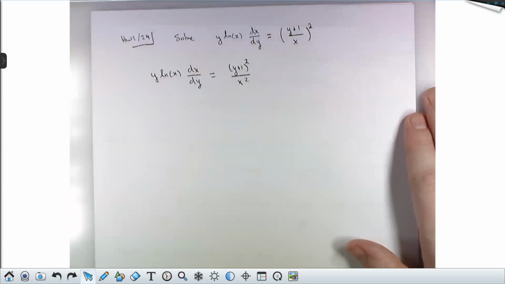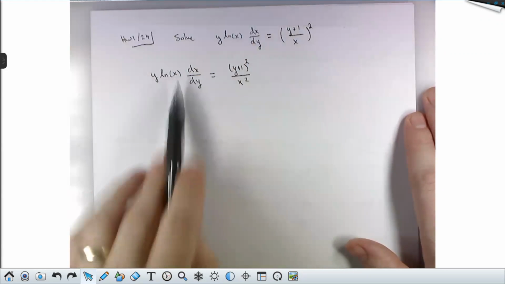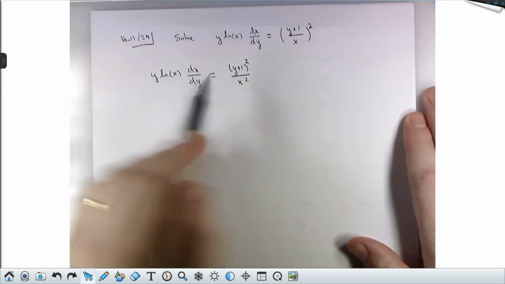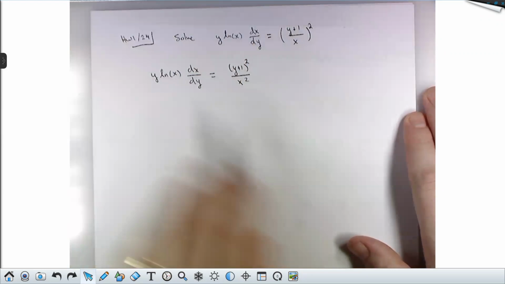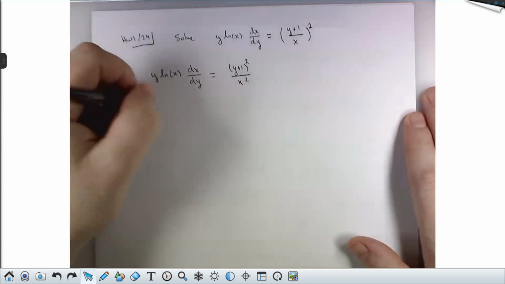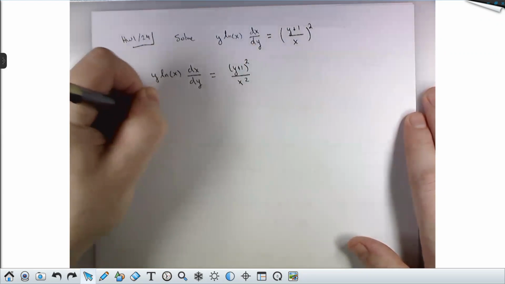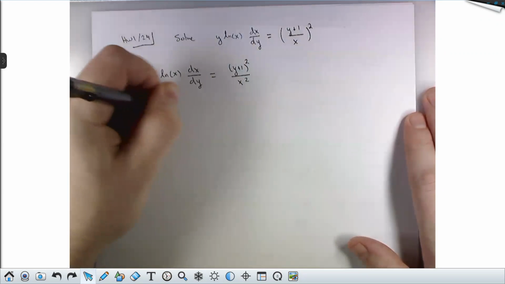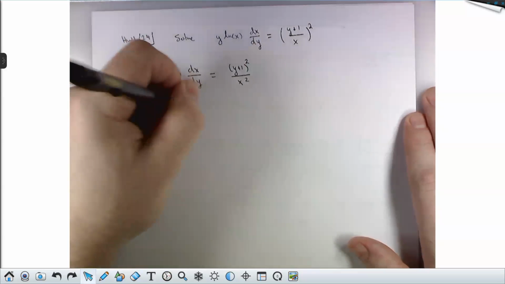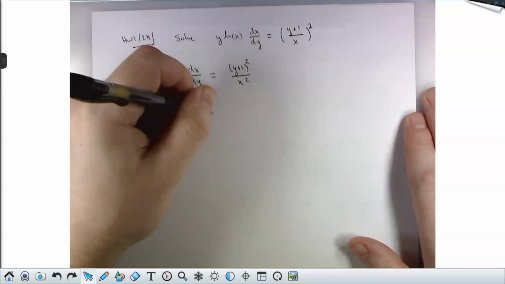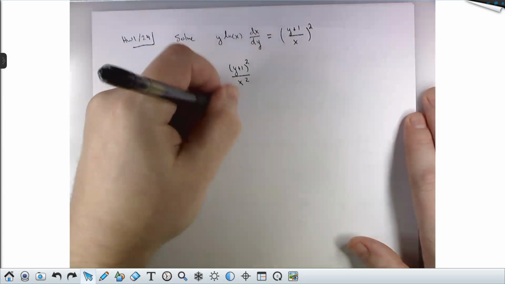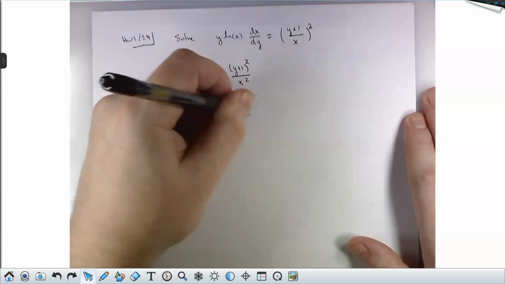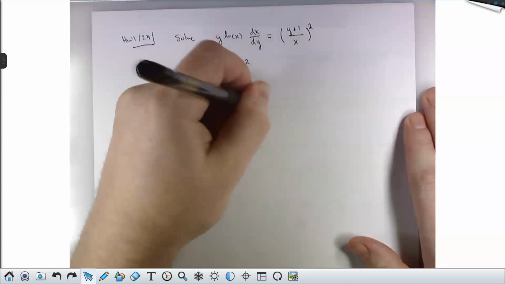And then I can try to pull the pieces apart. So I'll put all the x's on the left and all the y's on the right. If I multiply both sides by x squared, that'll come over. If I divide both sides by y, that'll come over. So I'll have x squared ln x dx. I'm also going to multiply both sides by dy. And then I'll have quantity y plus 1 squared over y dy.